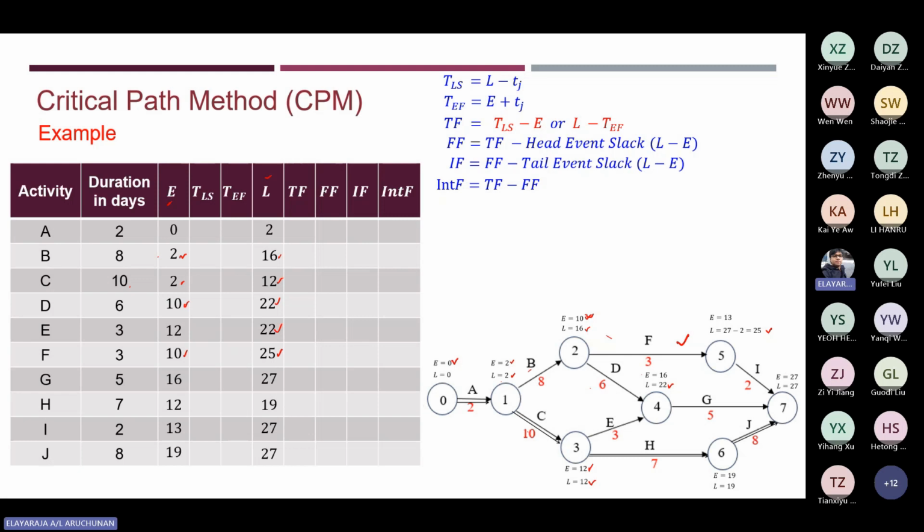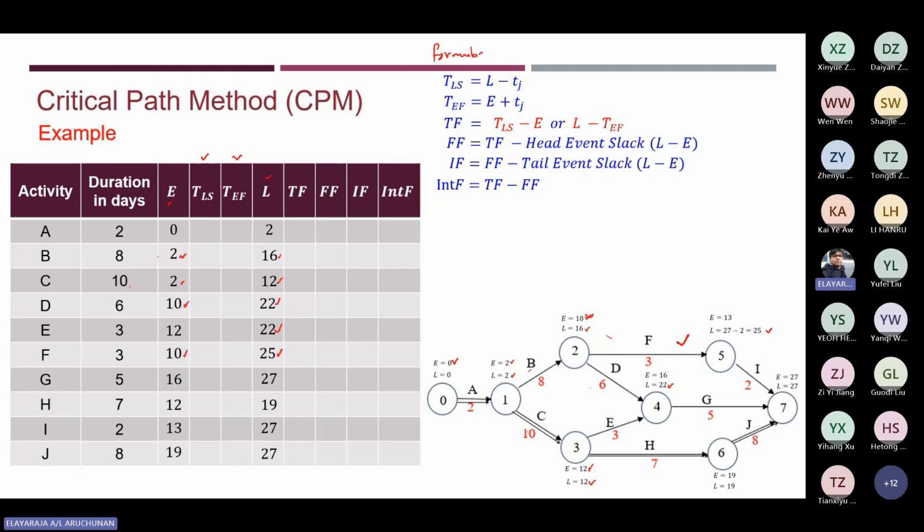Once you've done this, now you need to fill in the latest starting time and earliest finishing time. You can easily calculate these based on the formulas given in the previous slide.